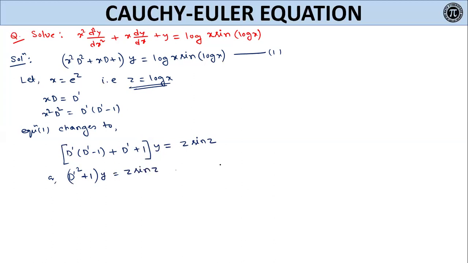Let's say this is equation number 2. Now you can see here the coefficients are constant, so now simply you can find out yc and yp. So let y equals e to the power mz, because here the independent variable is z, so e to the power mz be a trial solution.